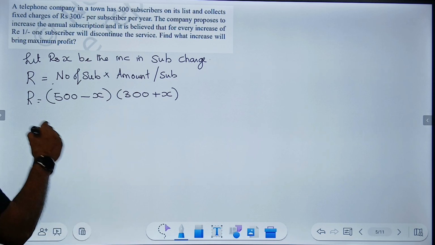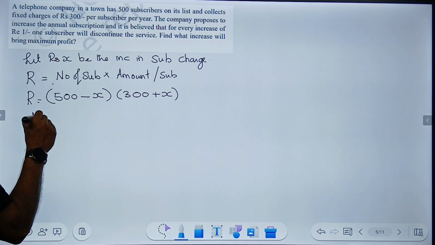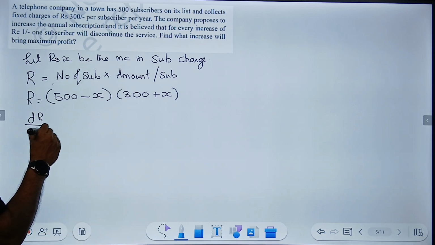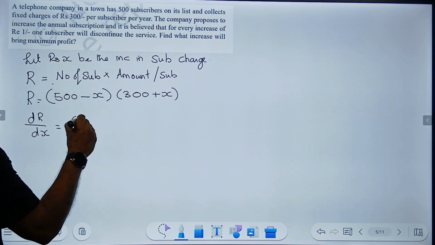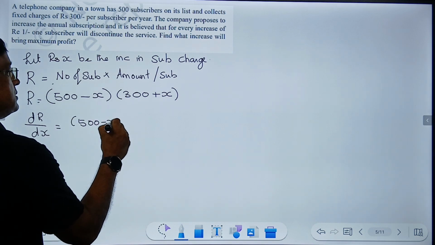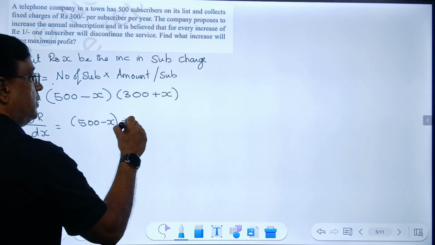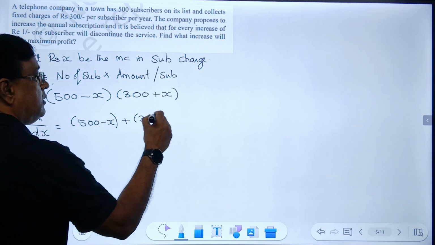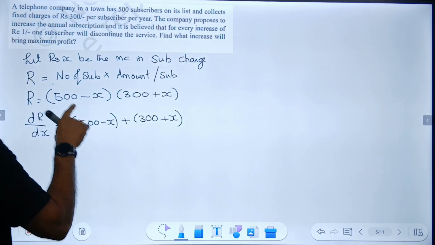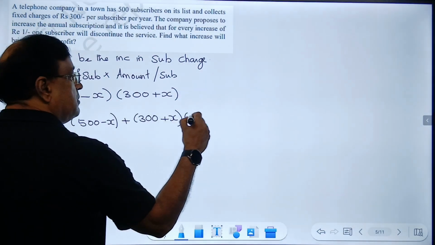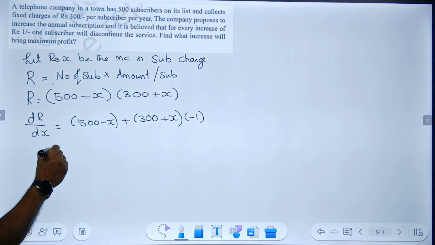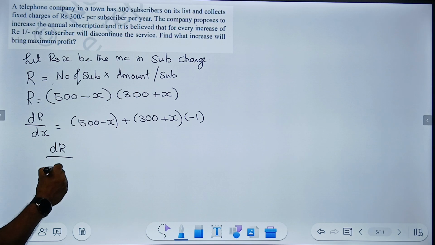Now you can differentiate dR by dx. You can use the product rule: (500 minus X) times the differentiation of (300 plus X), which is 1, plus (300 plus X) times the differentiation of (500 minus X), which is minus 1. Now you equate it to 0. This is my critical point.